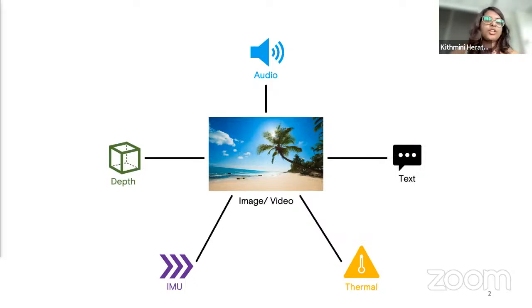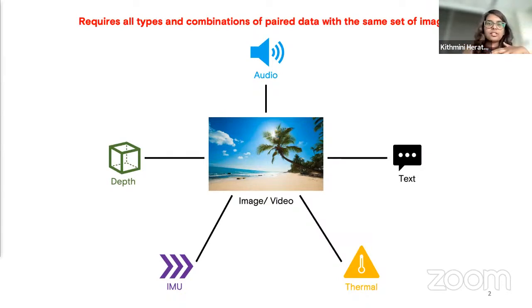Now, to achieve this phenomenon in a machine learning model, you would need paired data with all of these types of modalities. For the same image, you need a pair between audio and image, and then text and image, and so on and so forth.